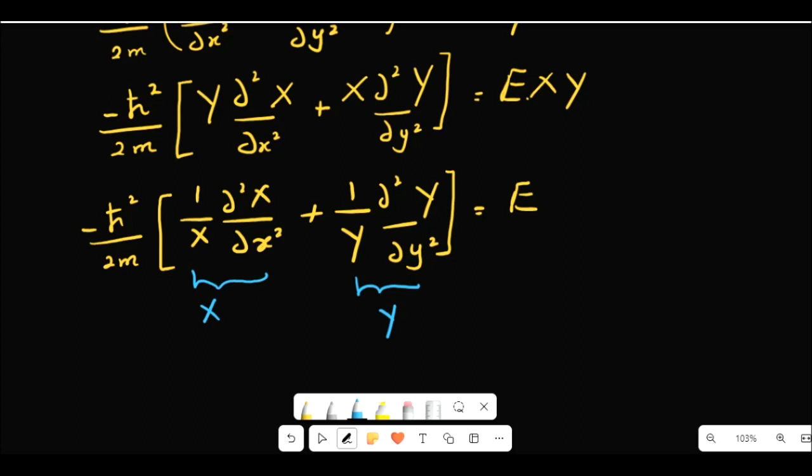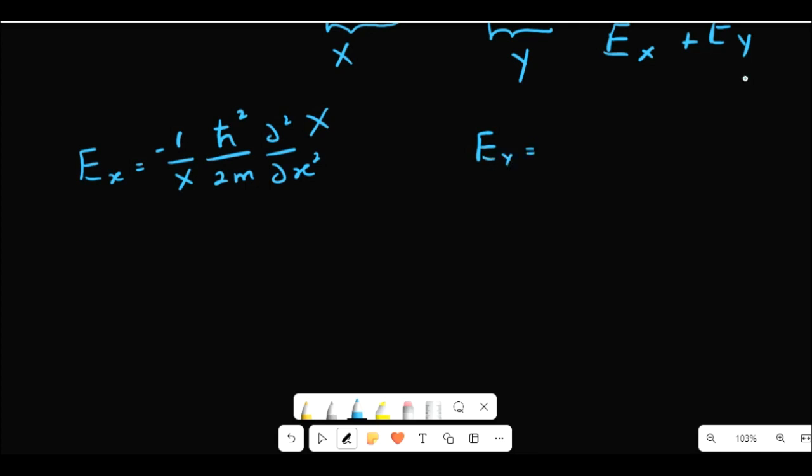So I can split the total energy into two parts: energy of x terms plus energy of y terms, right? So now I'm going to take energy x and energy y separately.